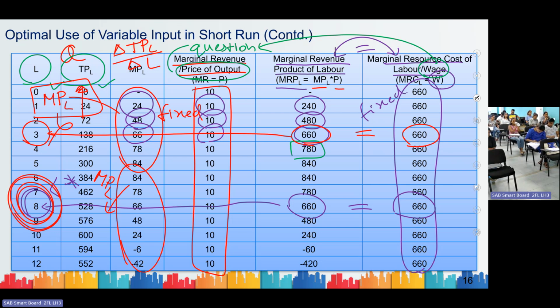So that is where stage 2 lies. So a rational producer will operate in stage 2. Therefore, we choose 8 units as the optimum level of labor. That is the explanation you should give at the examination.